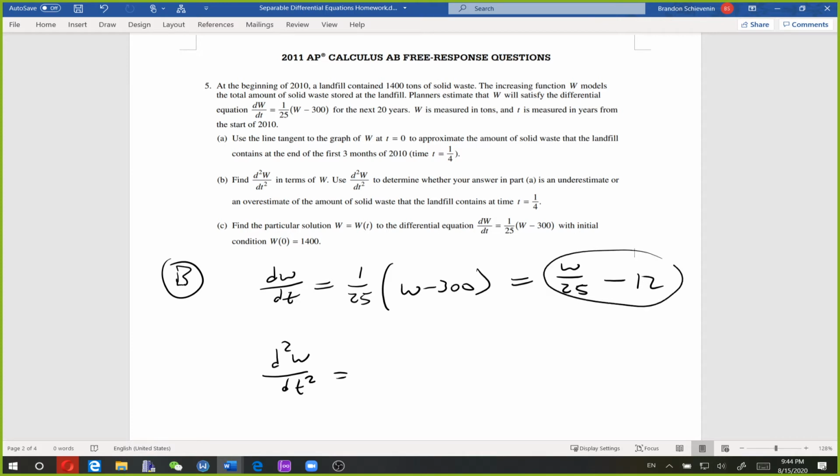So this is still dW over dt. What will happen if I derive this one more time?